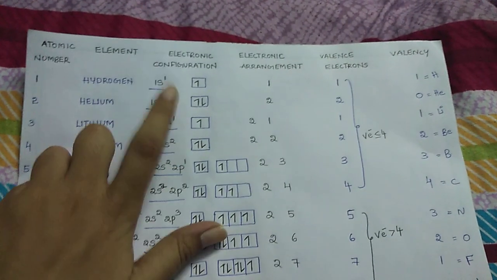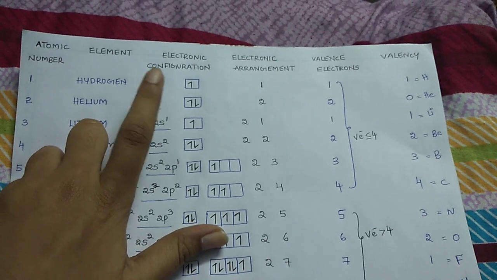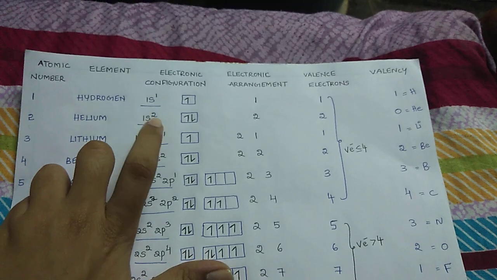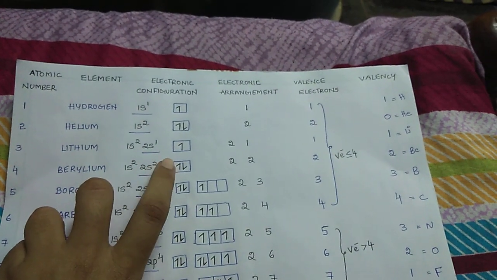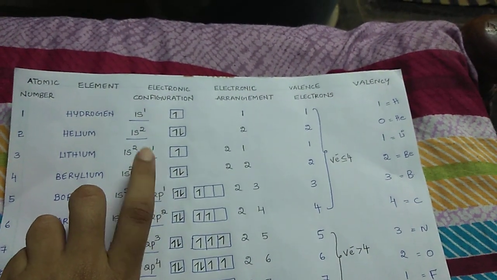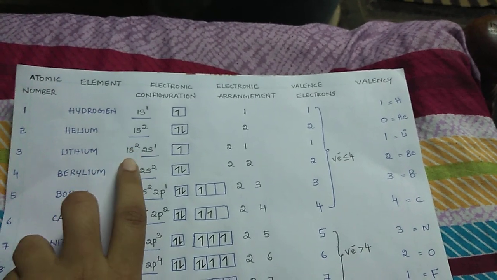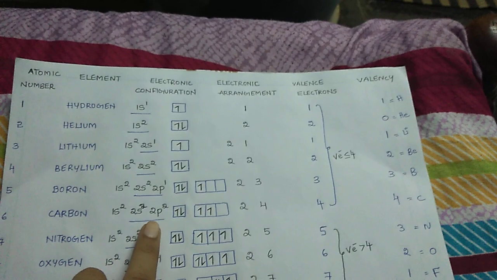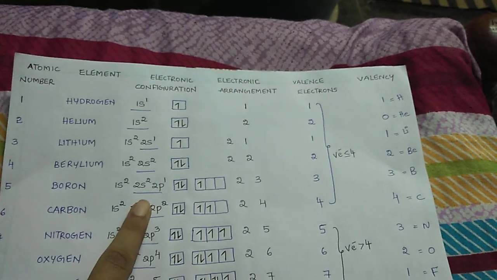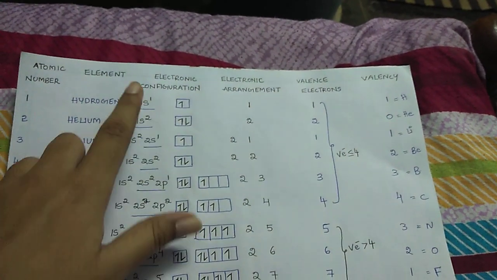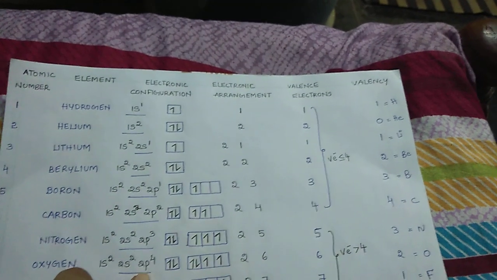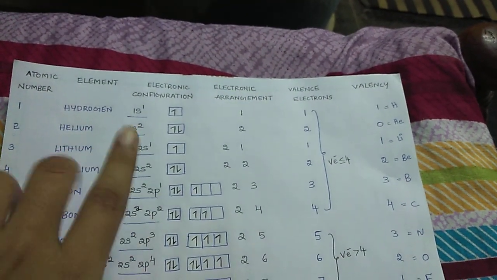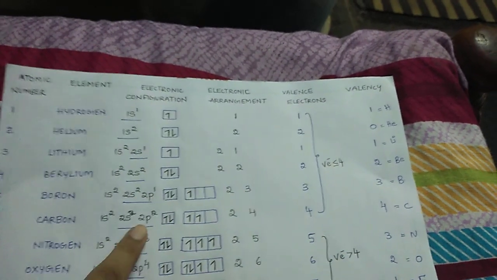Then I have underlined the orbitals. Why? Because the underlined orbitals will be distinguished from those which are not underlined. These underlined orbitals come under the valence shell, because these are the outermost orbitals. We also call these outermost orbitals valence shells.